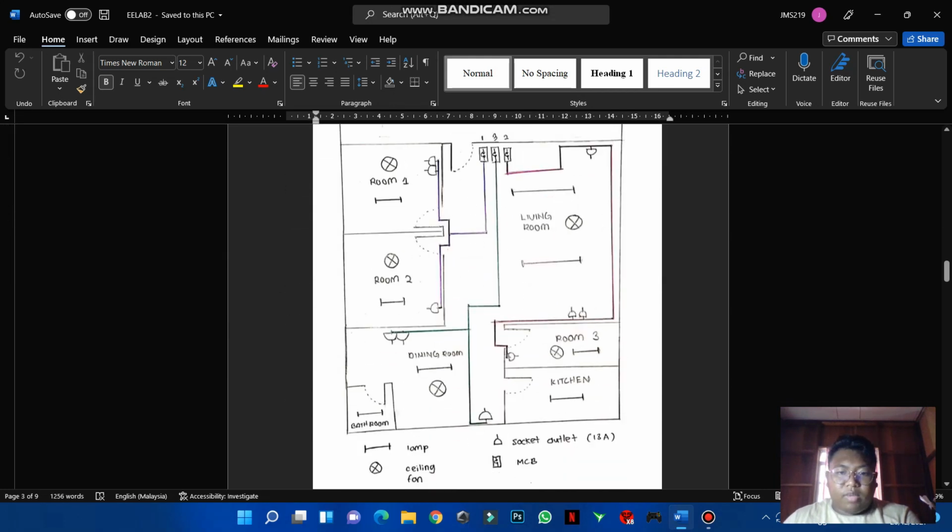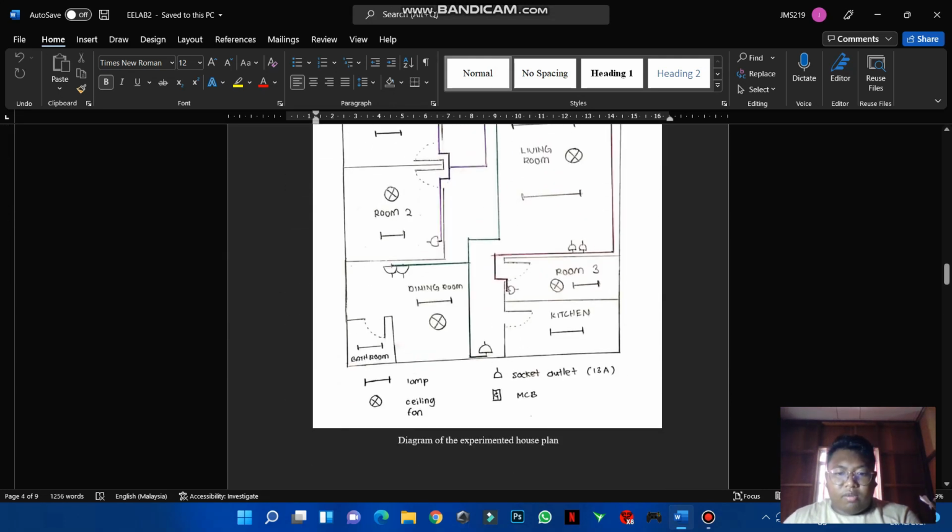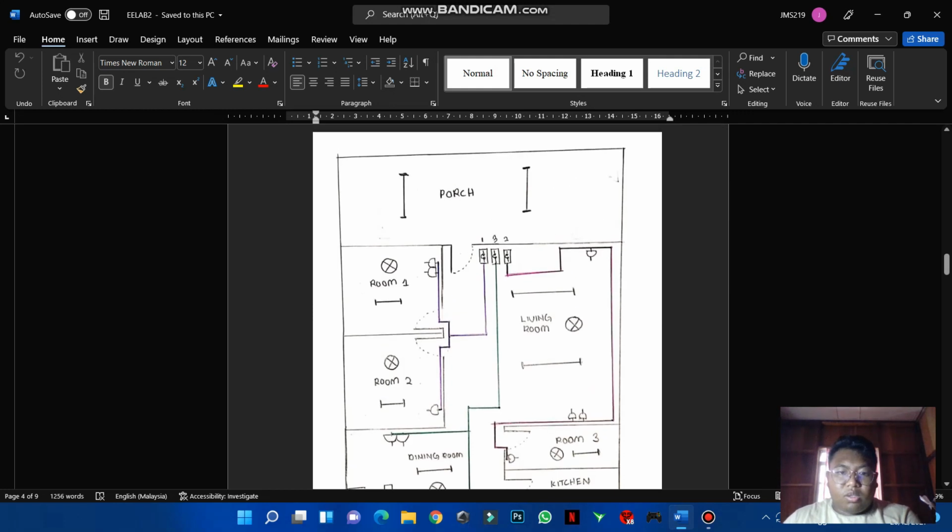So let's look. Here is the diagram of the experimented house plan. So here is my house plan that I have drawn. As we can see here, I have drawn the power circuit that is connected with the MCB.